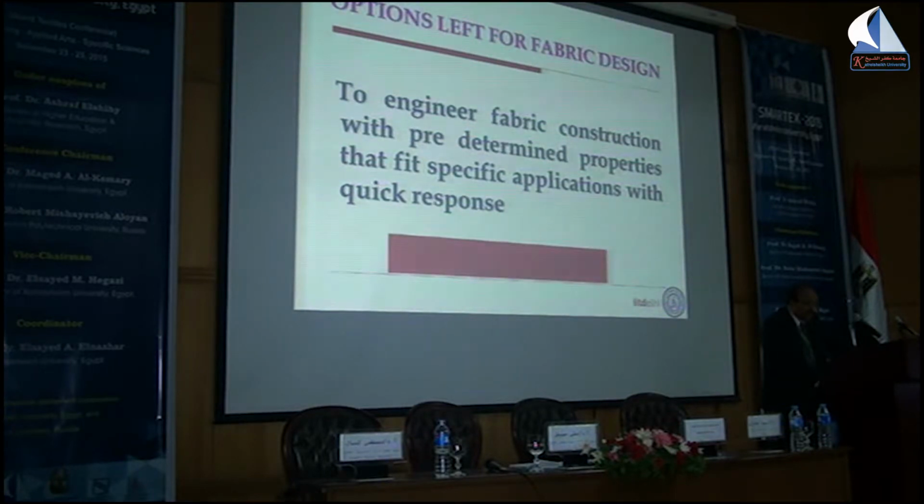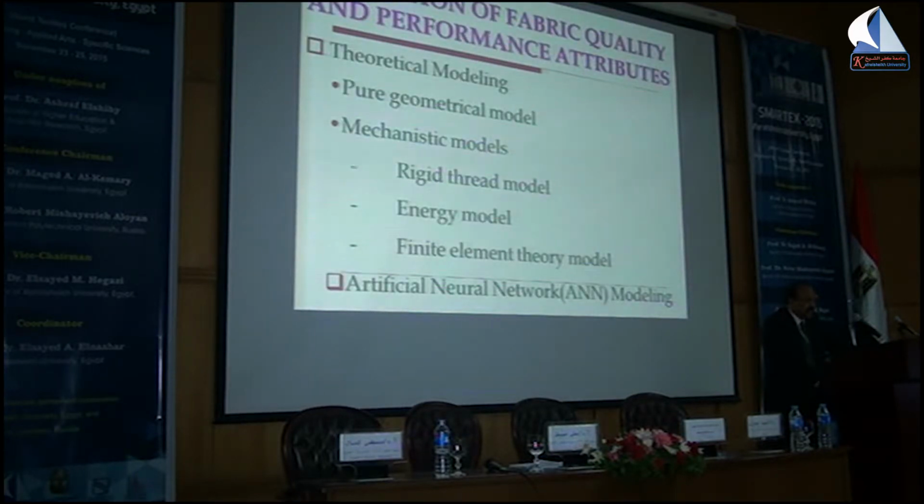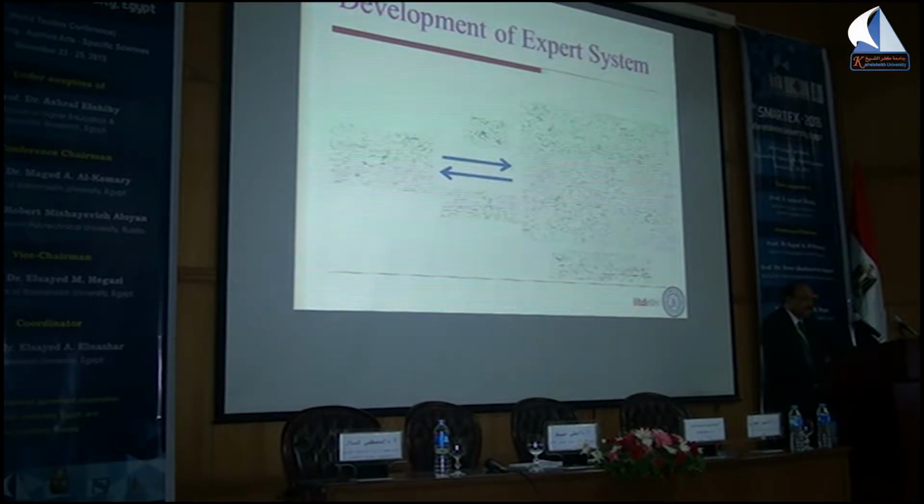In an expert system, we use some models. The model can be a geometrical model, a mechanical model, or an artificial neural network model. In our case, we have tried this with an artificial neural network model.